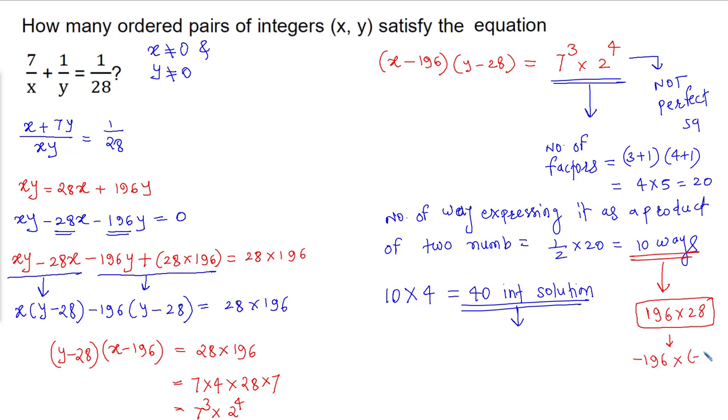So the first bracket is minus 196 when x is equal to 0, and the second bracket is minus 28 when y is equal to 0. So out of these 40 integral solutions, one of the solutions is x equal to 0, y equal to 0. We don't want this solution. So out of these 40 solutions, we don't want one solution. Our final answer is going to be 39. Okay everyone.